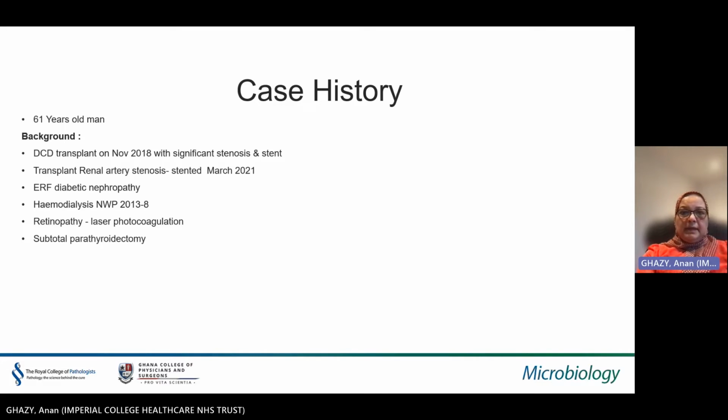This patient has a background history of end-stage renal failure due to diabetes. He started on hemodialysis at Norfolk Park Hospital between 2013 and 2018. He also has retinopathy, which was treated with laser photocoagulation. He has a history of subtotal parathyroidectomy.